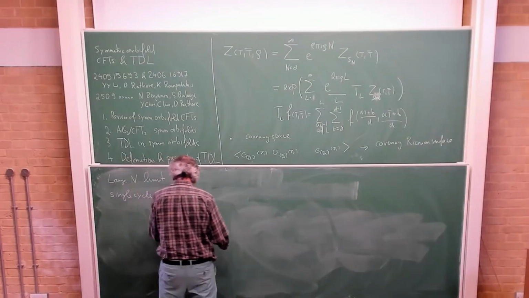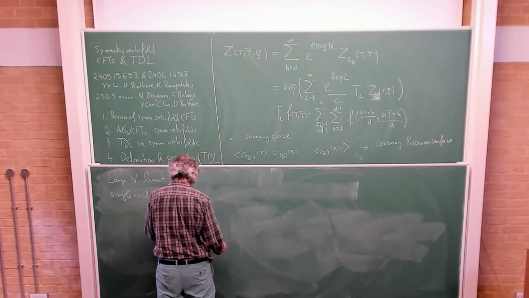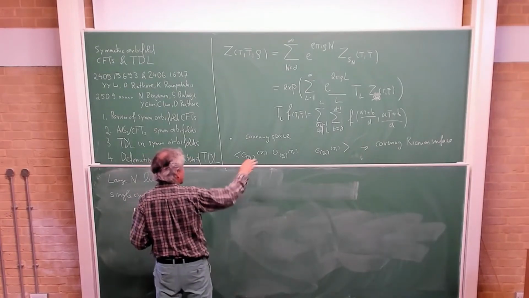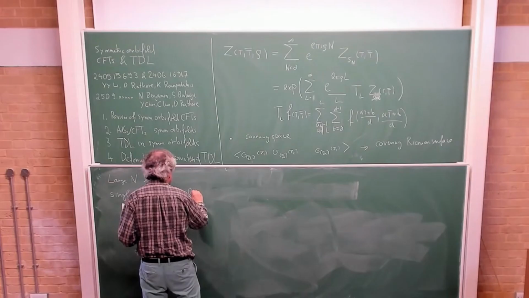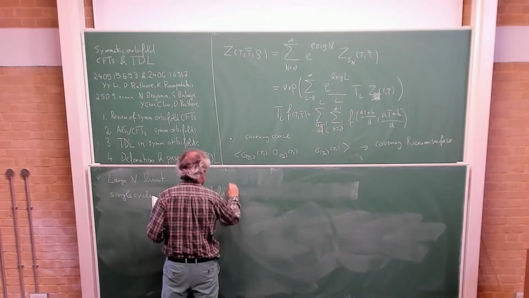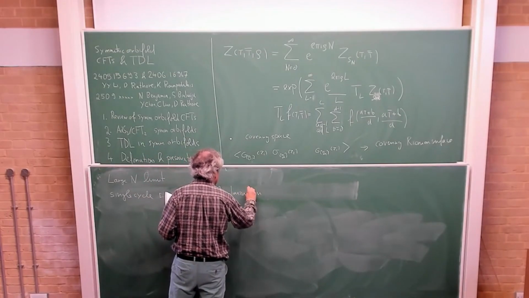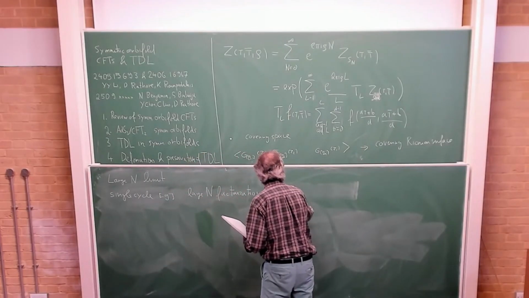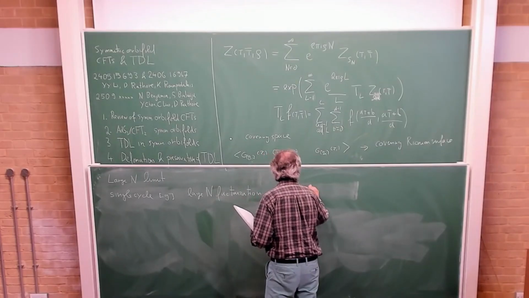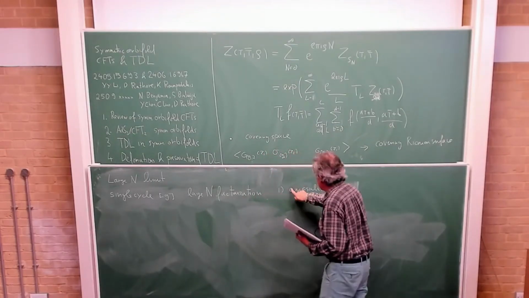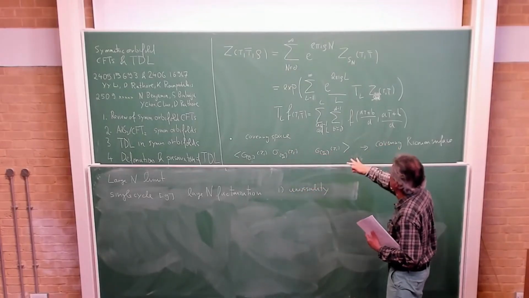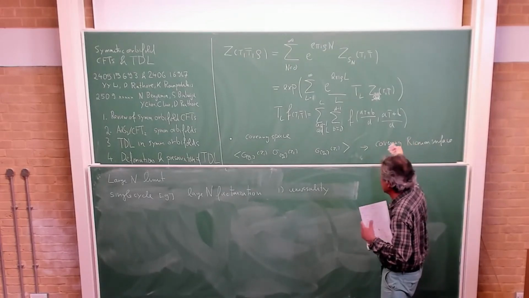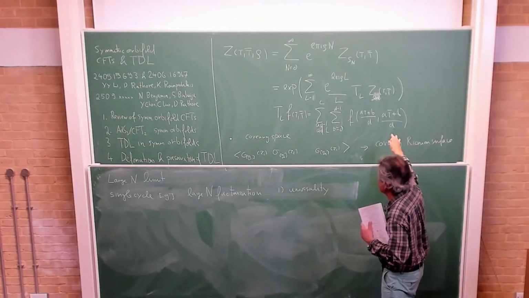So that means, for example, that if I look at the correlation function, there is sort of a universality. That means that for the dominant contributions, the details of the seed CFT really don't matter, other than the central charge, which is basically just scaling with n.